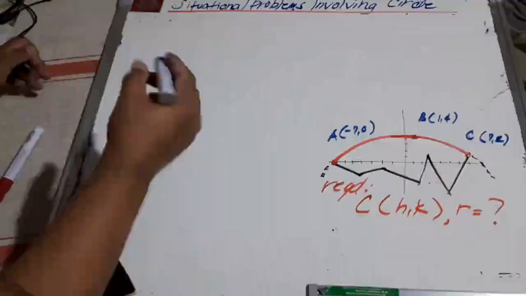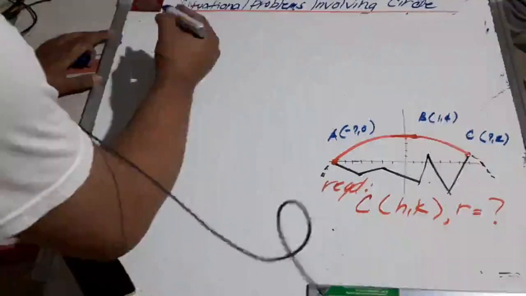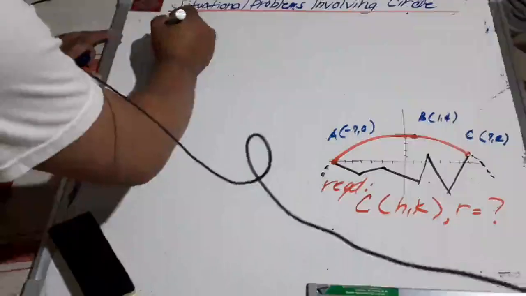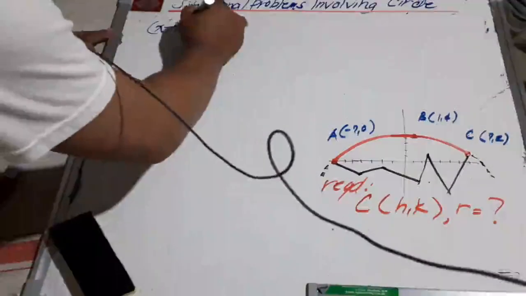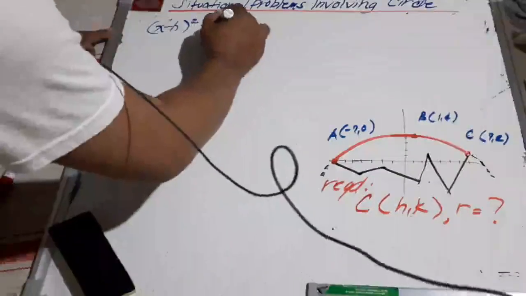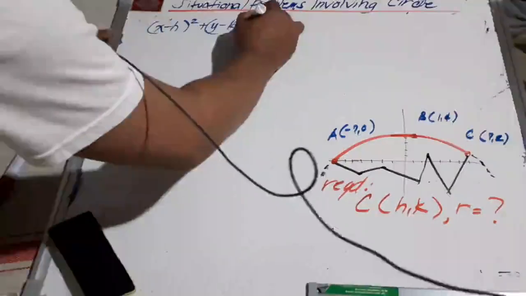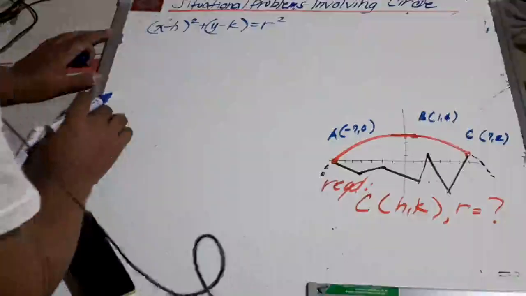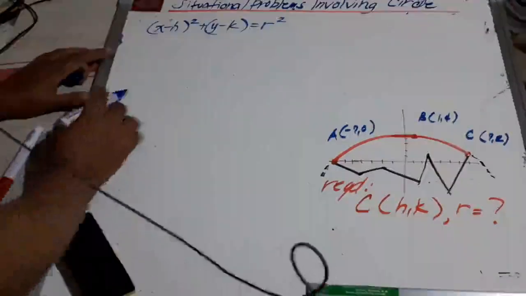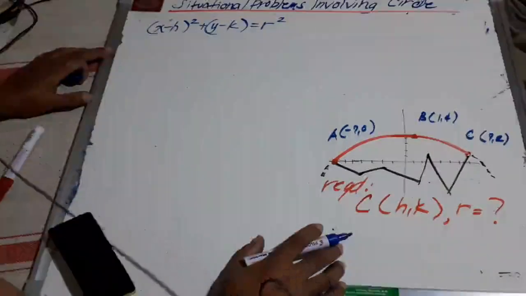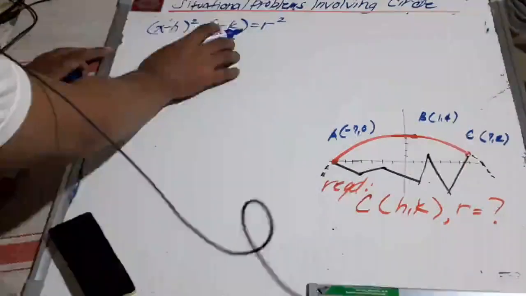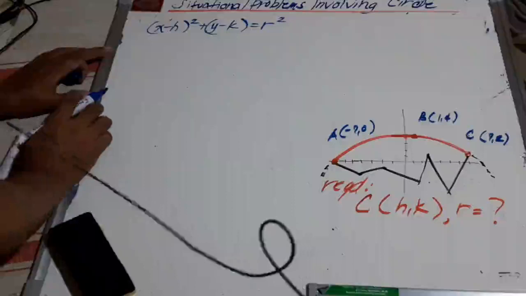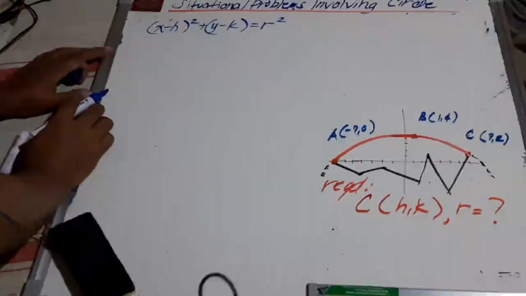Okay, gamit yung standard form of a circle, we have (x − h)² + (y − k)² = r². Isa-substitute natin yung values of x and y dito sa standard form ng circle natin with center at (h, k).